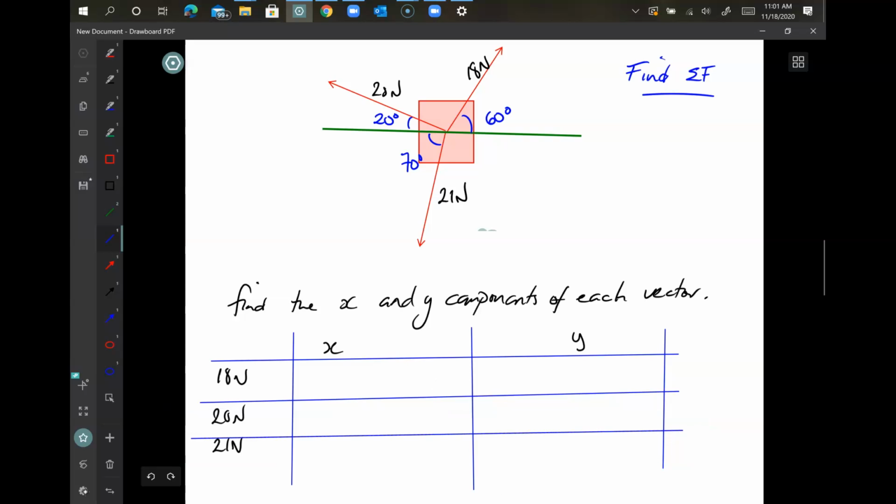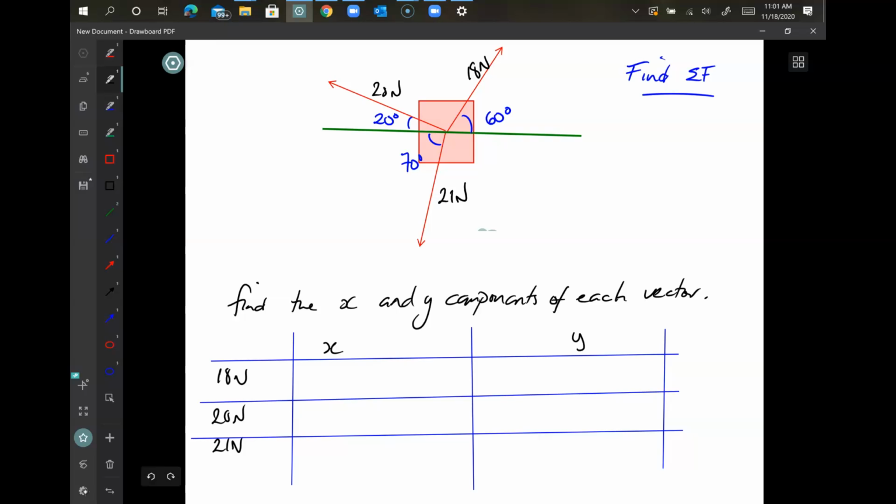All right, straightforward enough. If you don't remember how to find the components of vectors, then look back on that previous video on vector components that was posted in the last block.